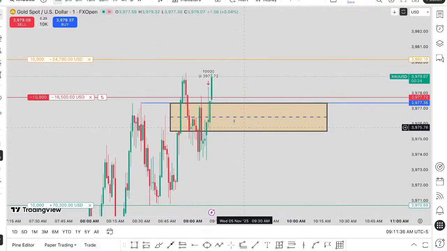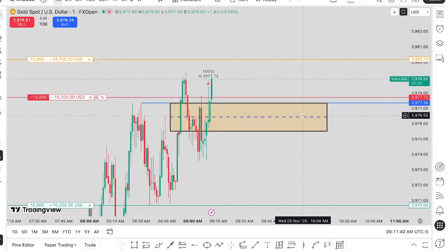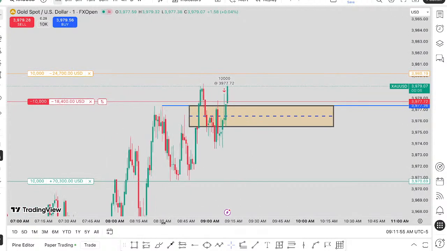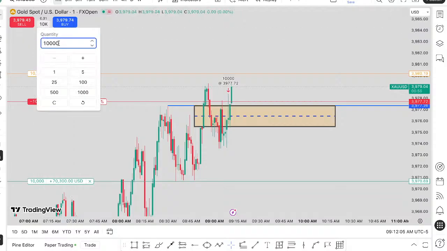The good trade you'll have here. So yeah, let them take whatever they want. Overall, if you remember when I started the session, I was looking for a bullish market, and dropping into minute one time frame is just seeing how the market wants to participate here.